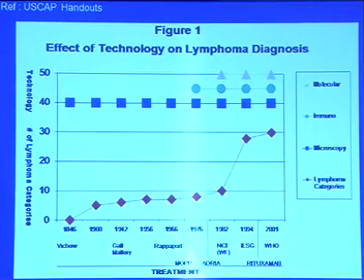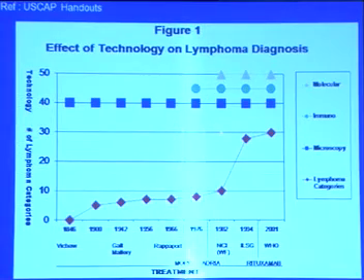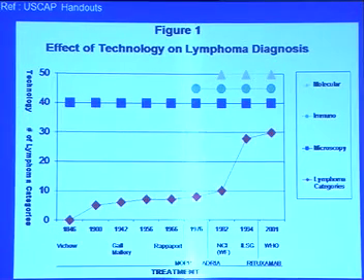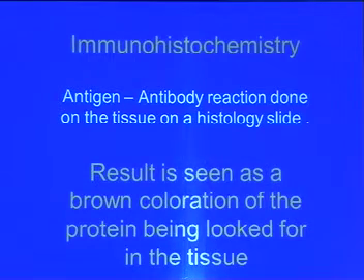But in the mid-70s came the advent of immunohistochemistry, and subsequently in the 80s we had molecular techniques, and one can appreciate the steep rise in the number of entities which we pathologists could confidently differentiate and diagnose. So a few words on immunohistochemistry.